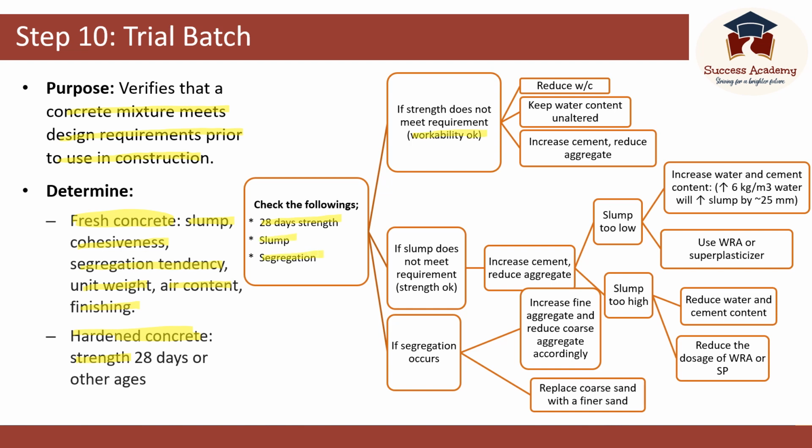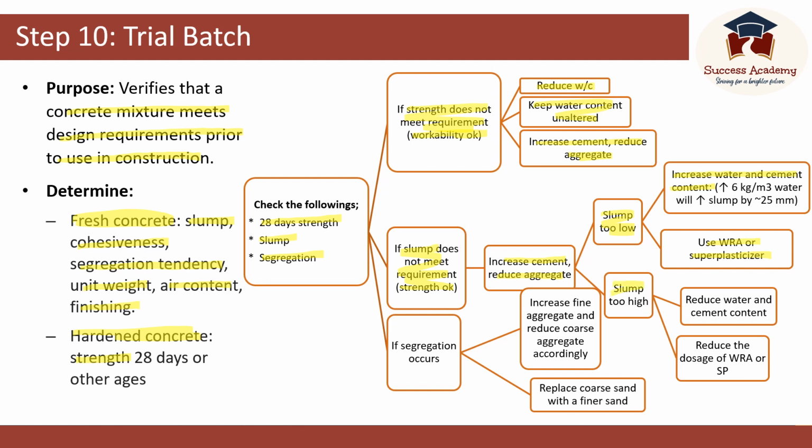If the workability is okay but the strength is not, we need to reduce the water to cement ratio, keep water content unaltered, increase cement, and reduce aggregates. If slump is not okay but strength is okay, we increase cement and reduce aggregates. If slump is too low, we can increase water and cement content or use water reducing admixtures or superplasticizers.